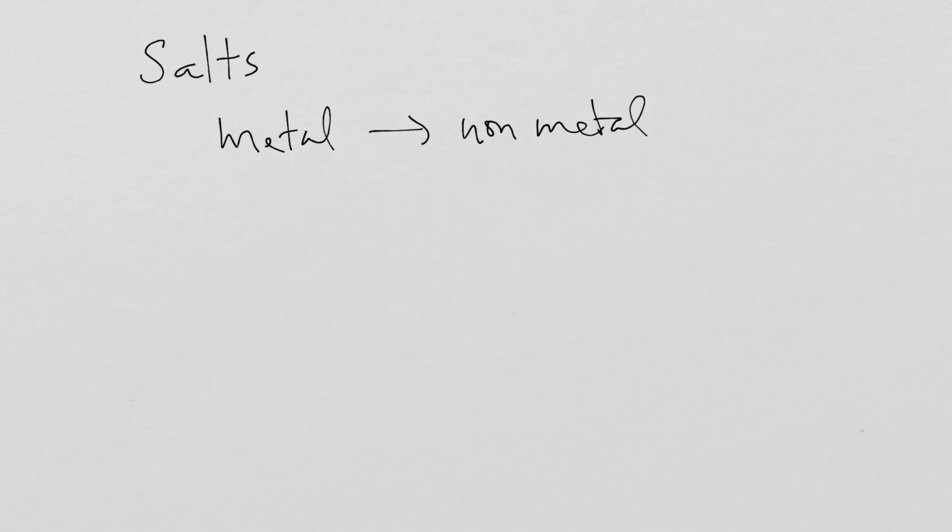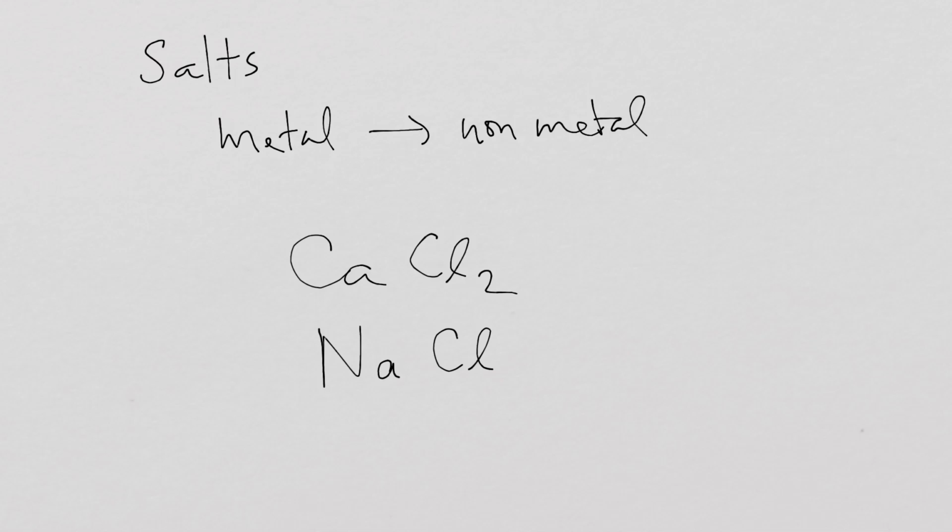So in the case of calcium, which has 2 valence electrons, and chlorine that is missing 1, it's got 7. Okay, this is a salt. Just like this is a salt. Okay, this Al2O3 is a salt because it's always a metal bound to a non-metal. The metal always comes first.